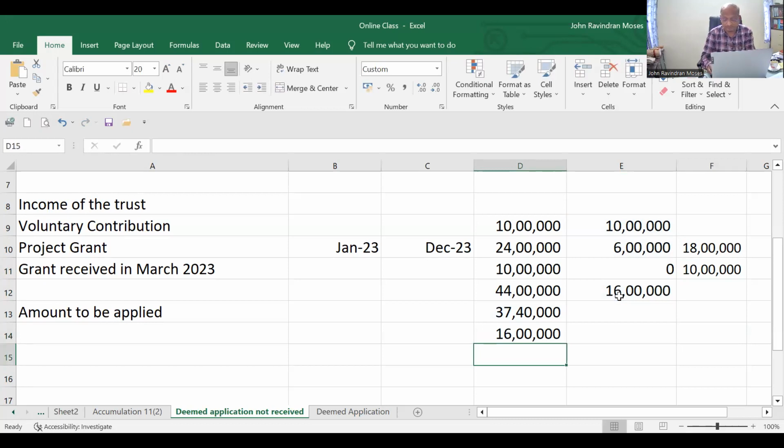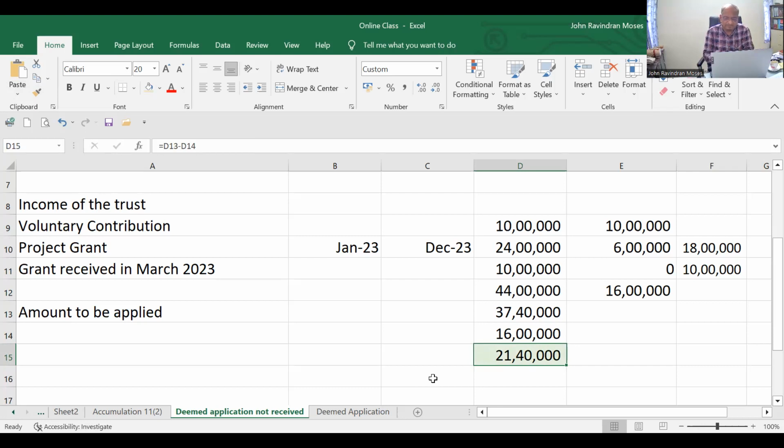What is the reason for the shortfall? Because I receive income pertaining to the next financial year. So government says when you get income like this, 21,40,000, they are giving us an option saying that you can exercise this option under section 11(1). When we apply that option, government says I will deem this amount as application, as deemed application, even though we have not spent the money, by fulfilling certain formalities.